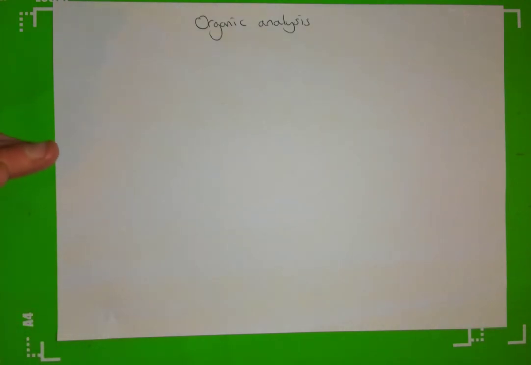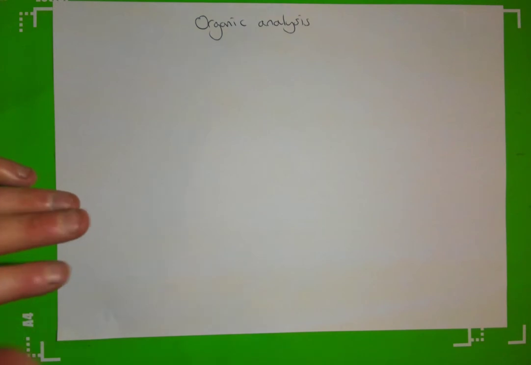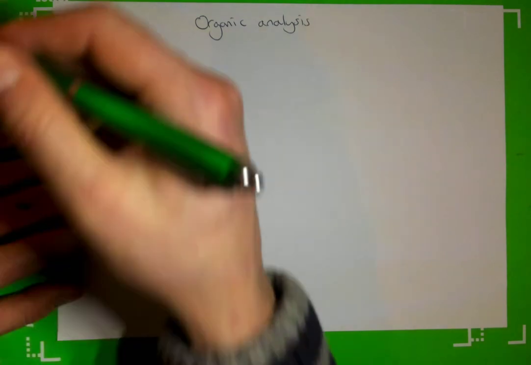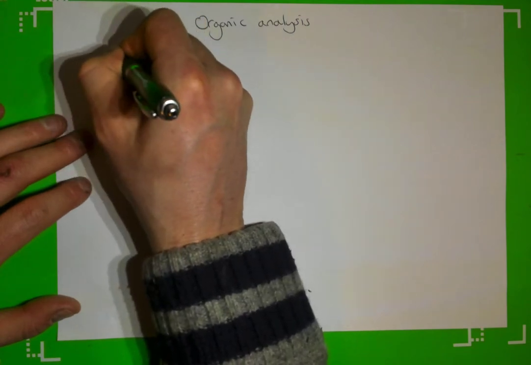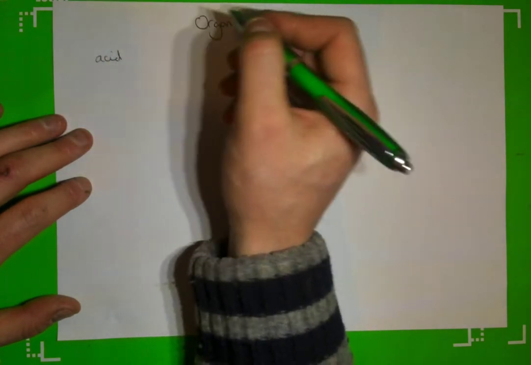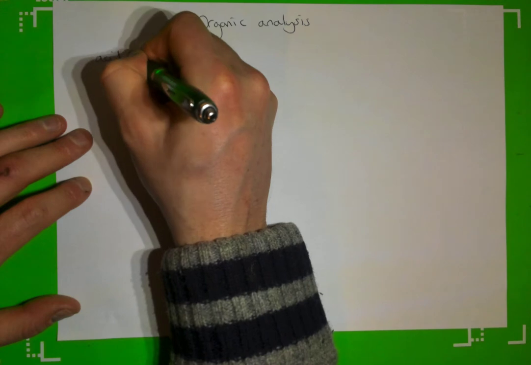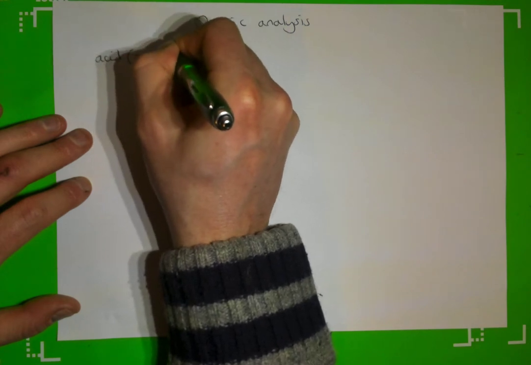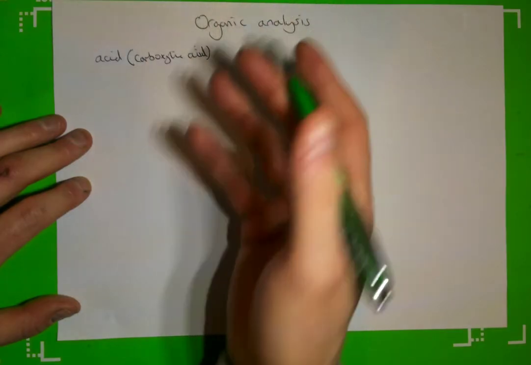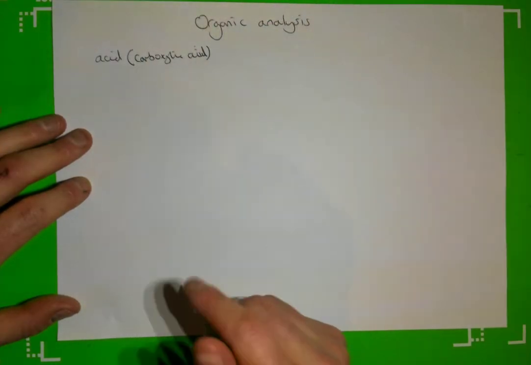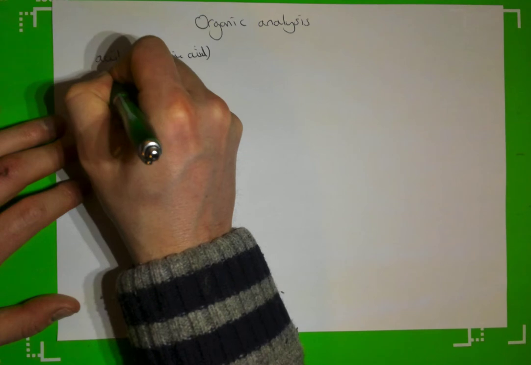So before you start thinking about how to identify functional groups, ask yourself the question, is the compound acidic? If it's acidic, it might be a carboxylic acid. That might not need a chemical test. Perhaps the compound is a solid.